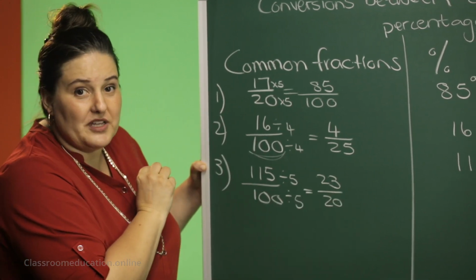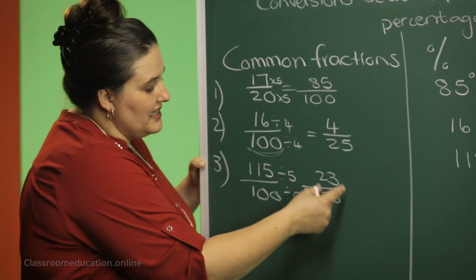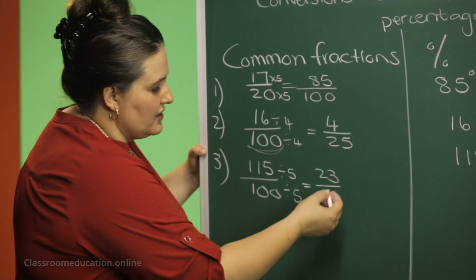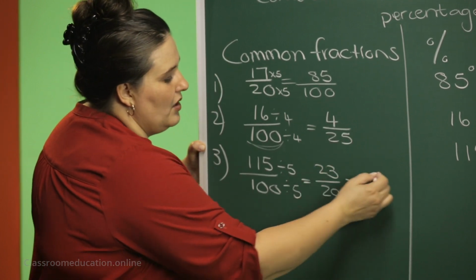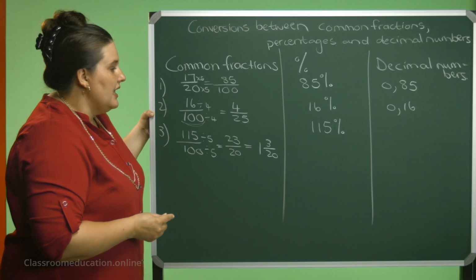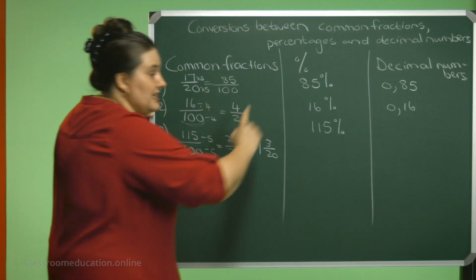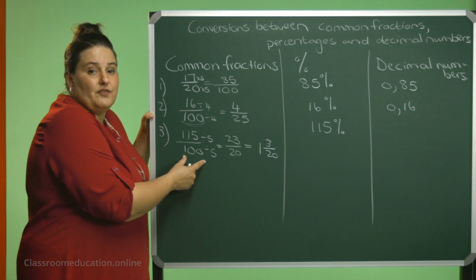And now I do hope that you realize this is an improper fraction. So my numerator is bigger than the denominator. So 20 can go into 23 once. And there will be 3 over 20 remaining. Now, to write it as a decimal number. Maybe still easier working with this one, out of 100.